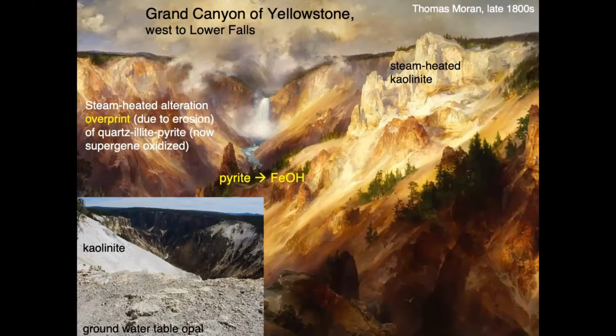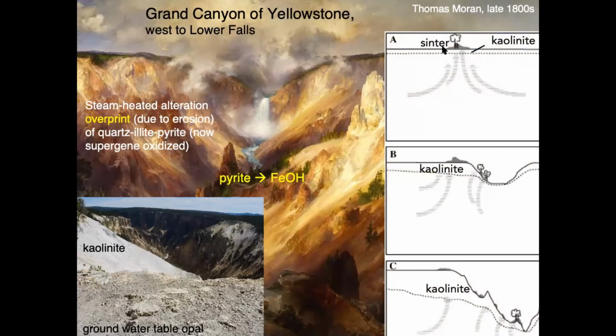Here we show from a recent study by Larson, 2009, that originally, a few hundred thousand years ago, there was silica sinter at the surface and a horizon of kaolinite over the hydrothermal system, but the river started to erode, and as a result, the groundwater table then lowered as the erosion continued.